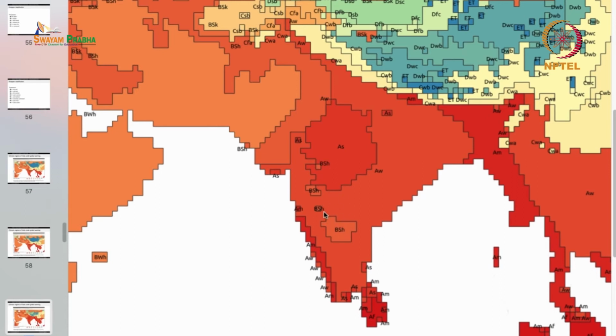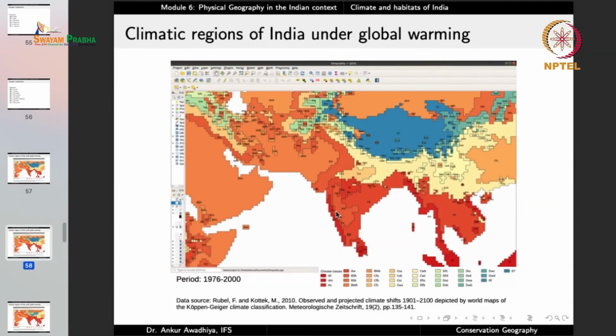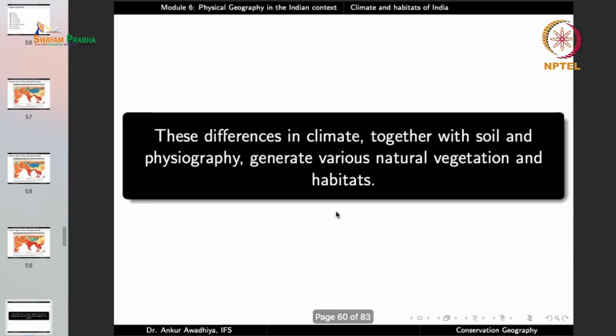Now, all these differences in climate together with soil and physiography generate various natural vegetation and habitats. So there are certain areas that have soils, there are certain areas that have sand, there are certain areas that just have a rock that is there. There are certain areas that are high, there are certain areas that are low.